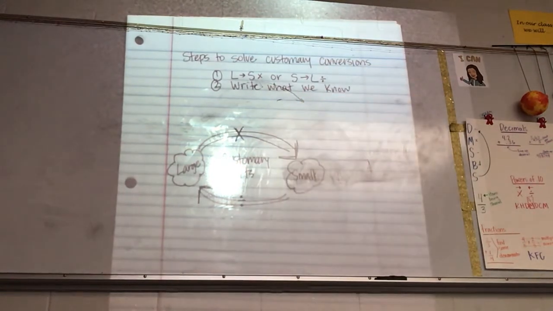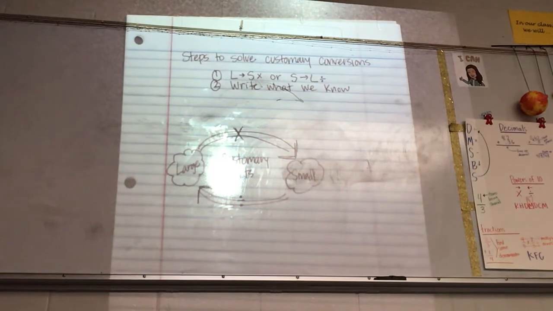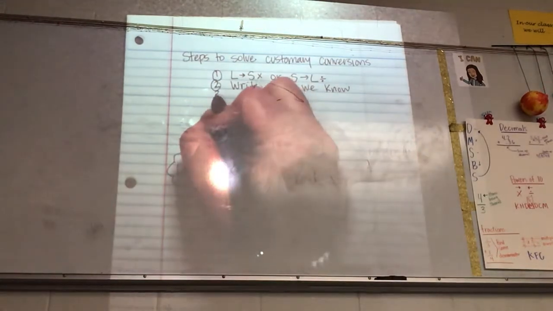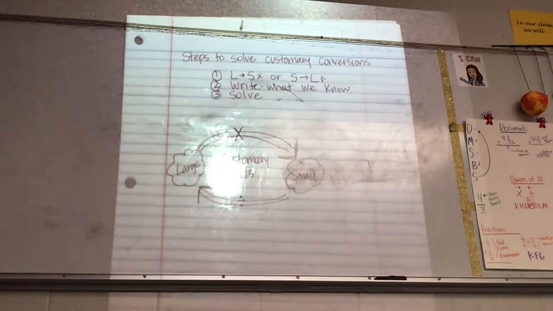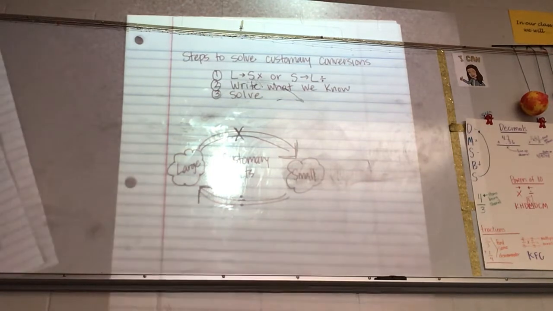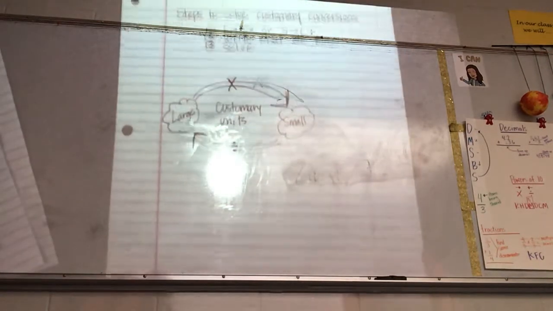I am just giving you the steps. I'm going to work them with you so you see what those steps look like on a few problems. And then 3, solve. These 3 steps are going to happen every time. So, examples.